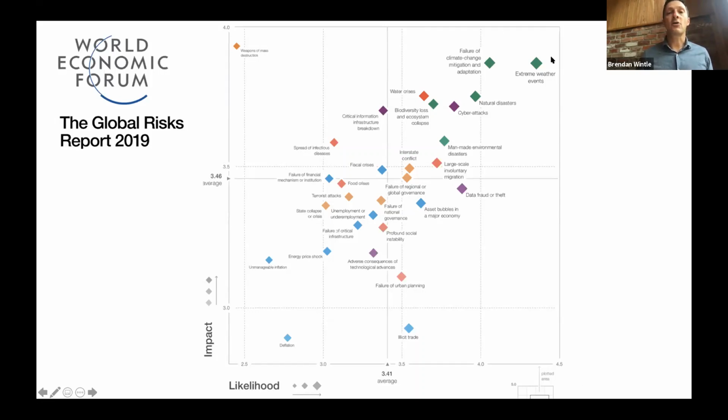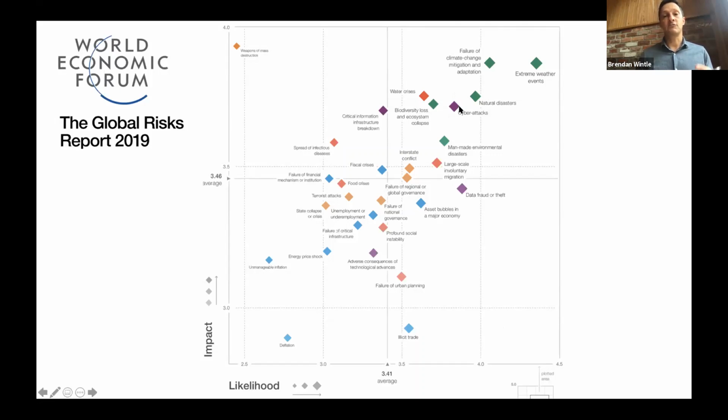And now in the top right area, the biggest risks to the global economy are all nature things: extreme weather events, failure of us to mitigate and adapt to climate change, natural disasters, water crisis, biodiversity loss, and ecosystem collapse. These are the big ticket items that are big threats to the world economy.